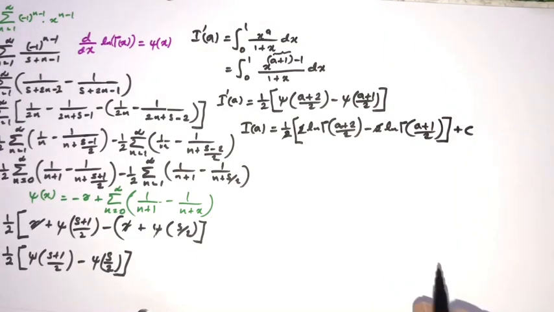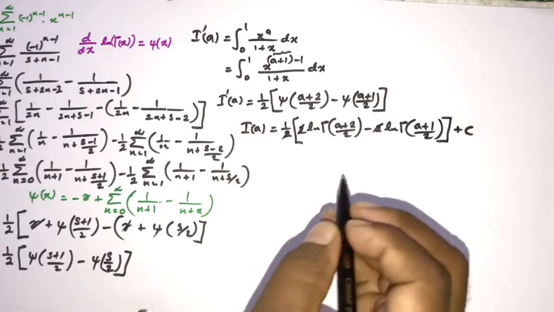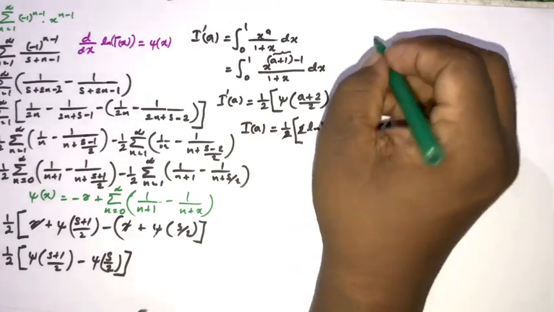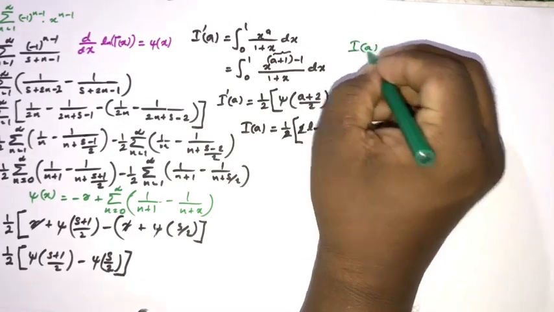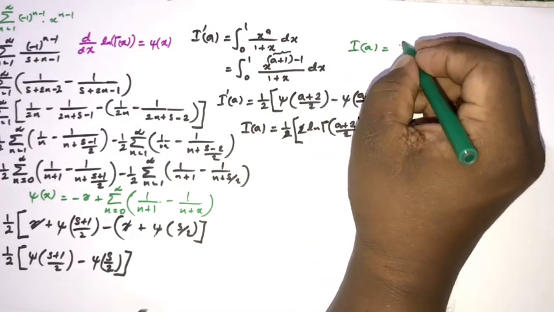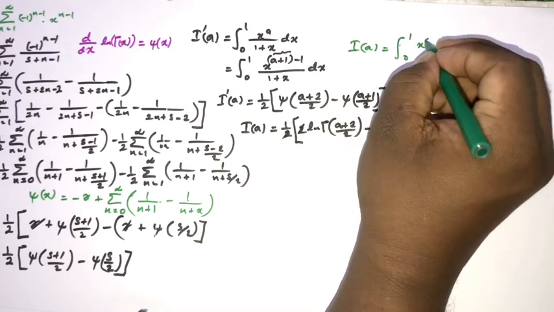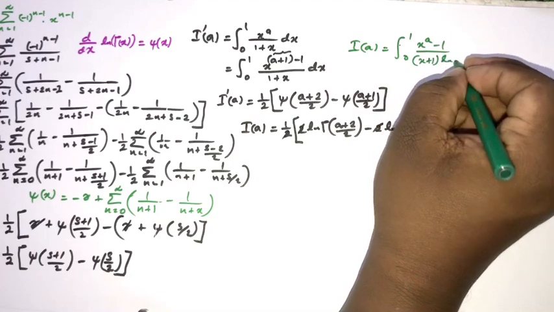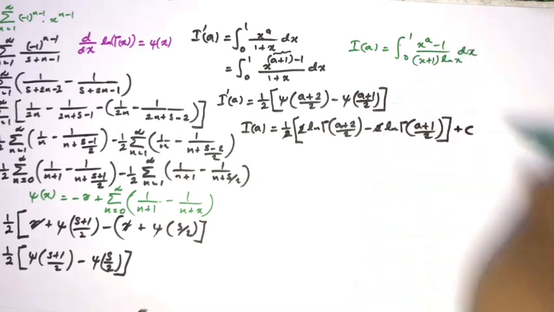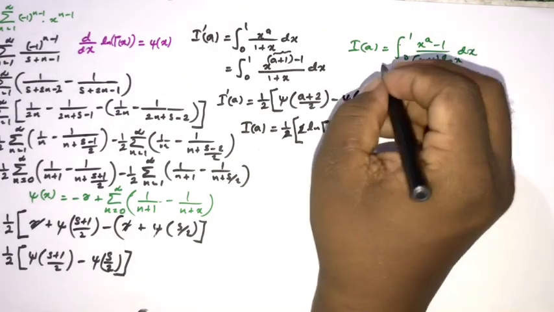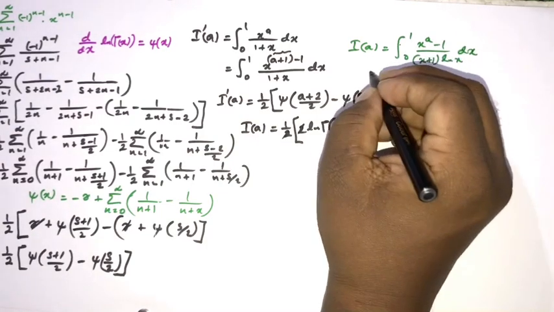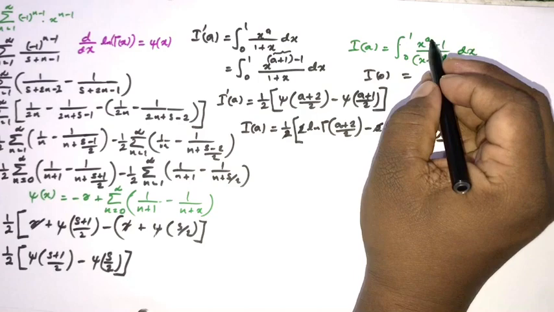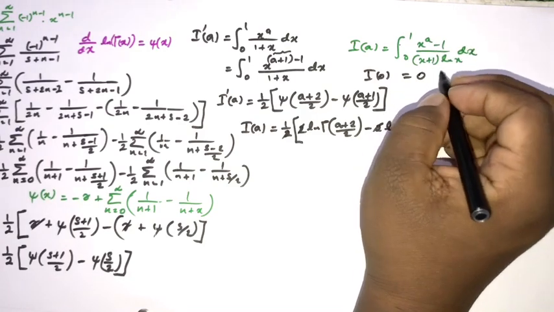So if we plug in 0 to I of a, we know I of a is equal to the integral from 0 to 1 of x to the a minus 1 over x plus 1 times natural log of x dx. So if we find I of 0, we know here 1 minus 1, so we know 0.